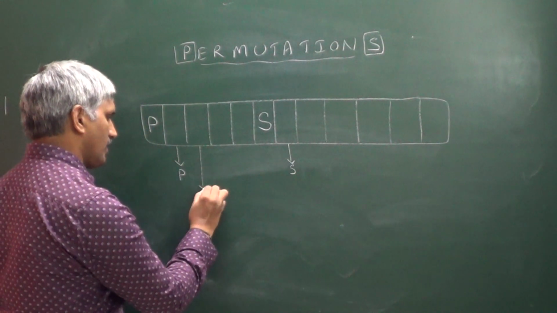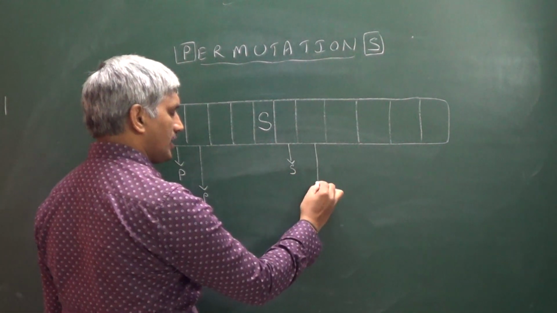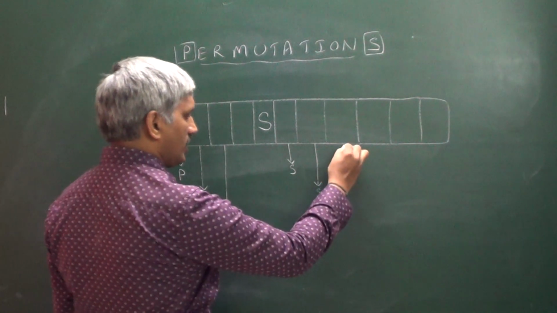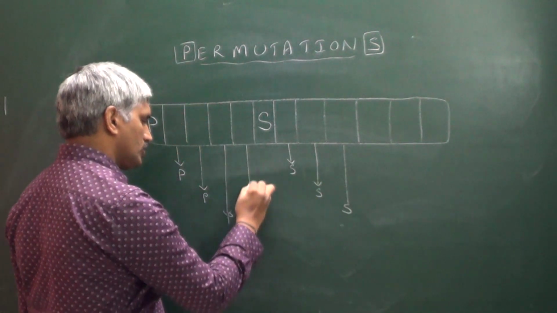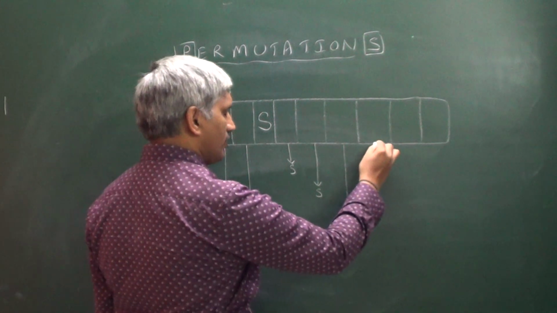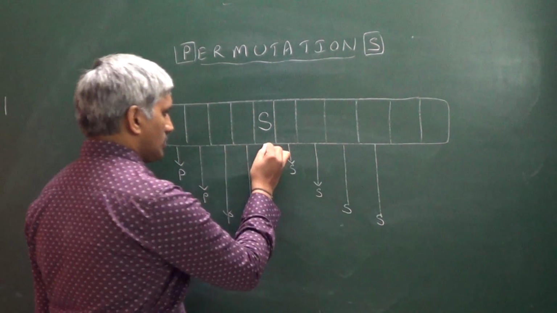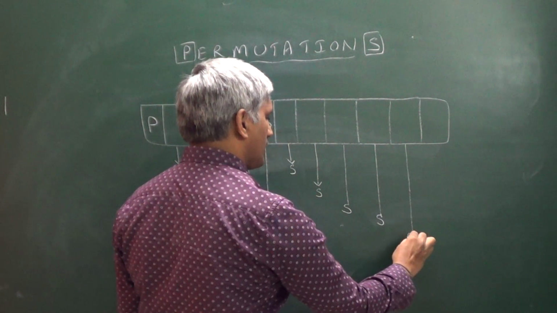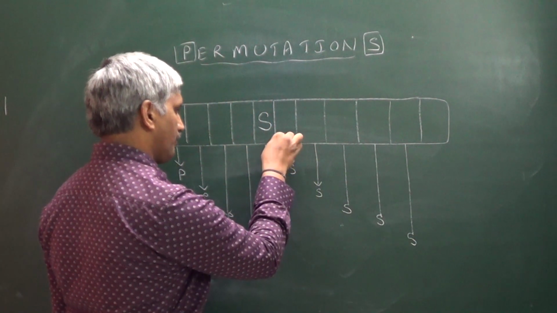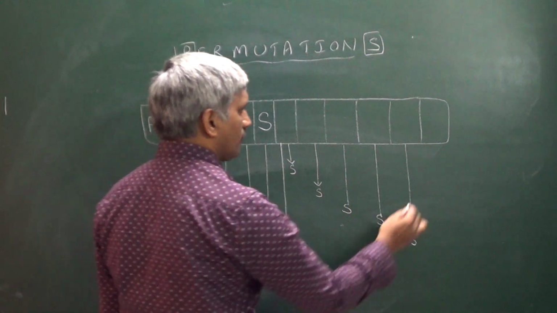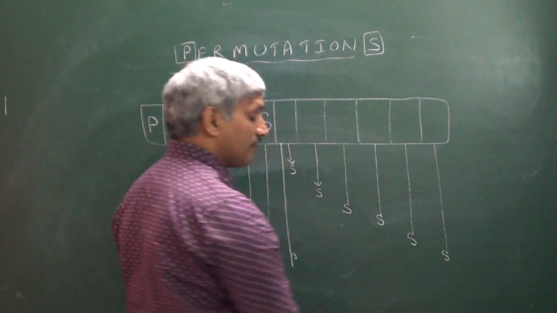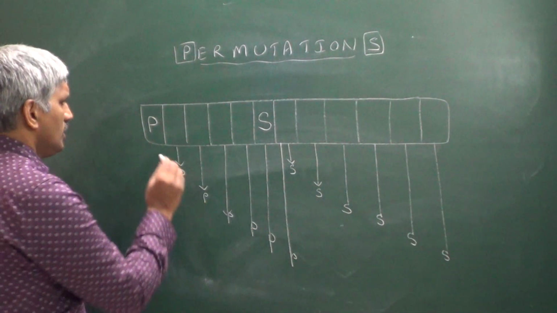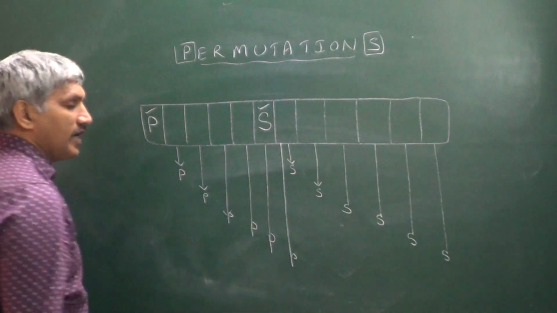Likewise, if we fill P in the next place, S goes 5 places after it, and so on for each position. He is saying between P and S there must be 4 letters, right? Okay, suppose P is filled here and S is filled there.